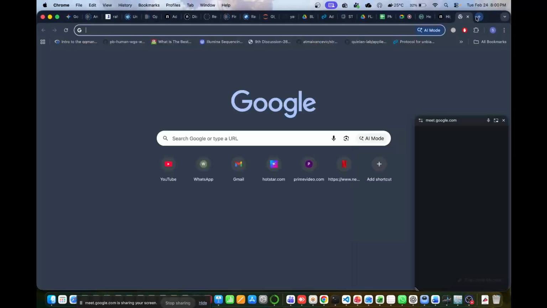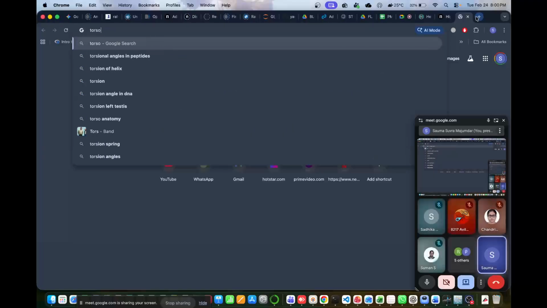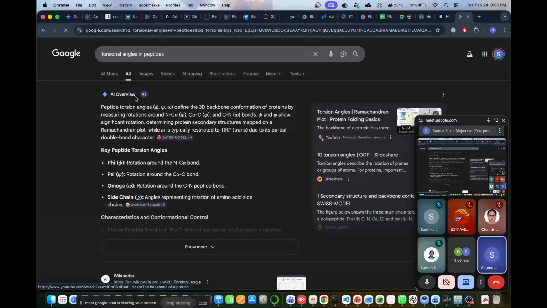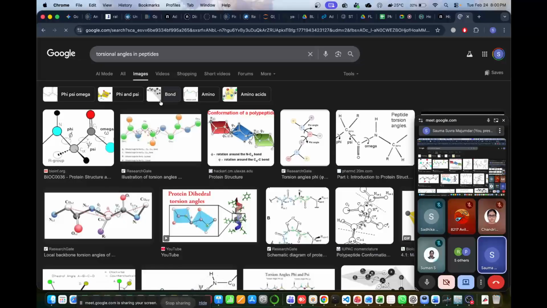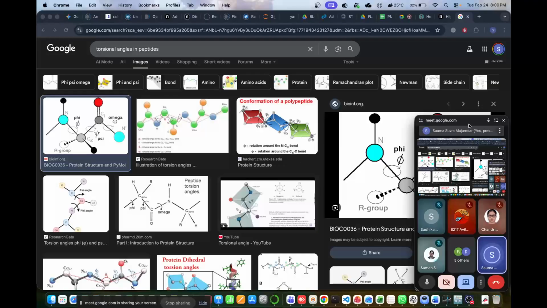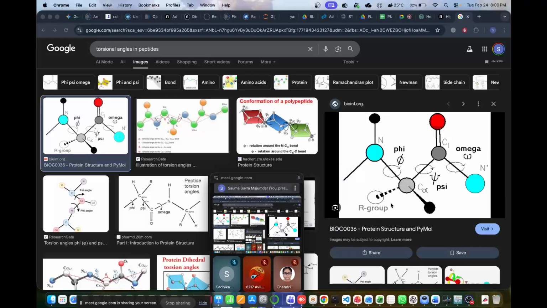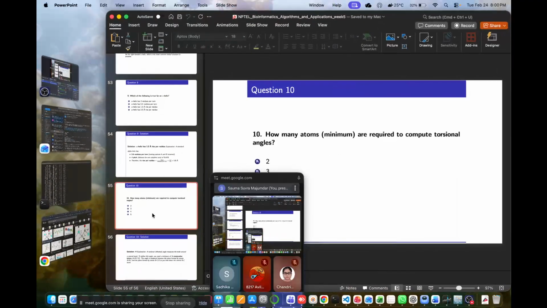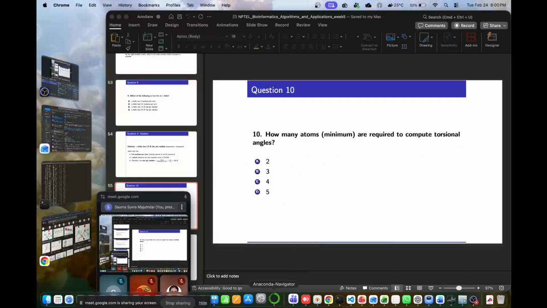Let me just quickly show you. So the torsional angle is with respect to the alpha carbon, right? The psi, phi, these are torsional angles, but they are with respect to the alpha carbon. The question was how many minimum atoms are required to compute these torsional angles.